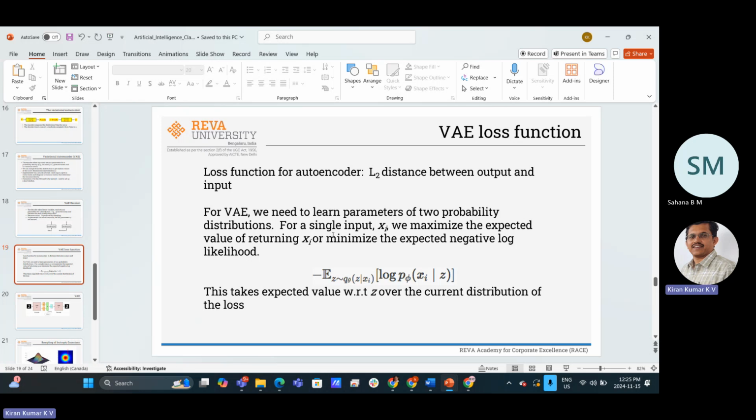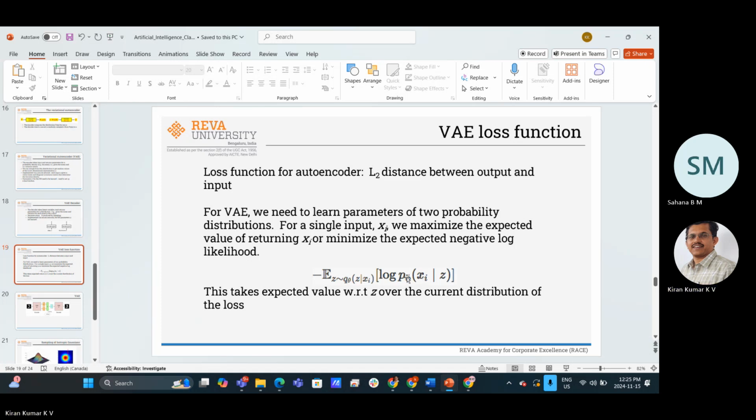Okay. So we have to minimize the expected negative log likelihood. There is a formula for loss calculation. What is this capital E? This is a function, it is called expectation. Expectation means average only, nothing else.